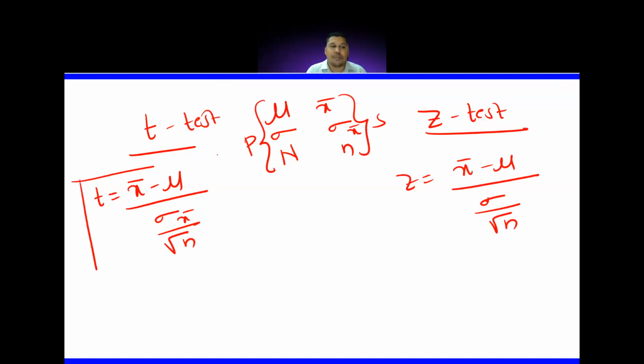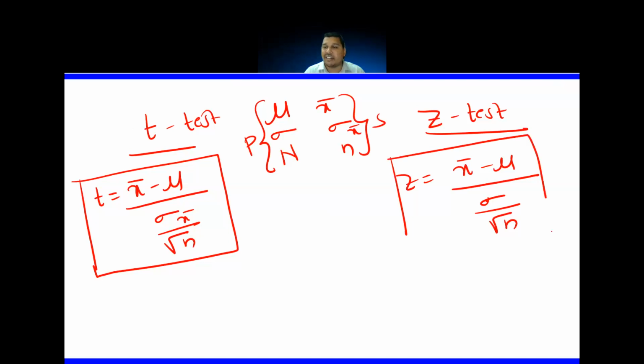So this is the formula for finding out the T value: X bar minus mu by standard deviation of X bar by square root of n. This is not required, I guess here also this is not required because that is derived from central limit theorem. Just a second. Yeah, so this is the formula.